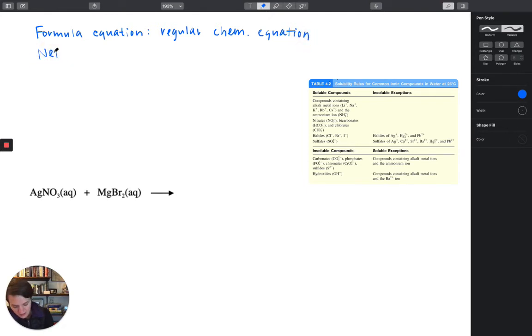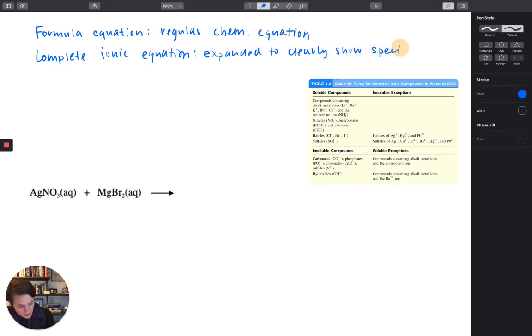We have our, before we get that, our complete ionic, which is going to be expanded to clearly show the species in solution, right? How they exist on the molecular level. Then our net ionic is going to omit spectator ions.